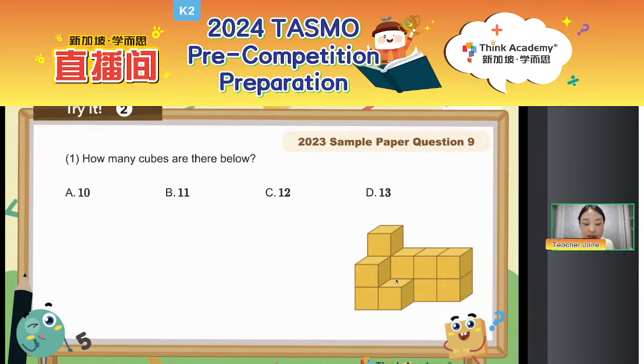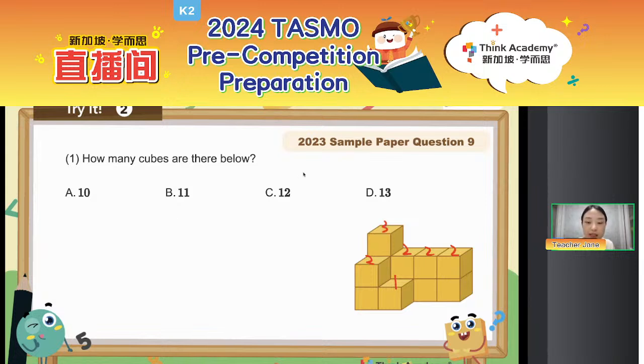So this time we label together. This is 1. And then this is 2, 2, 2, 2. And then the one behind, it is quite tall. And we can see it is 1 box even taller than the one in front of it. So 2 plus 1 equals 3, right? So this column, we got 3 cubes.